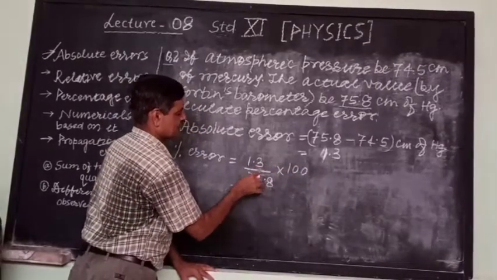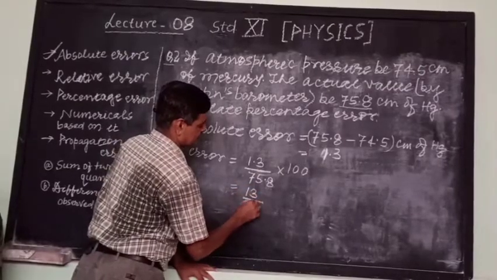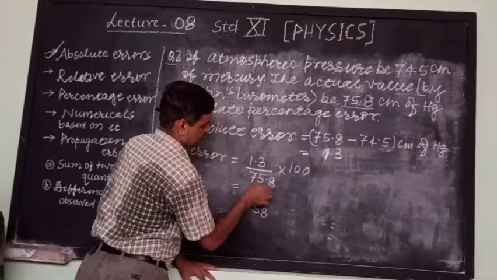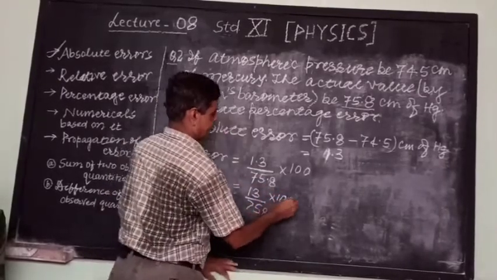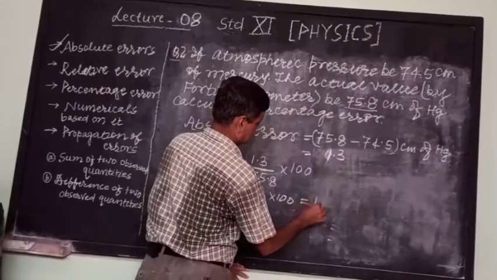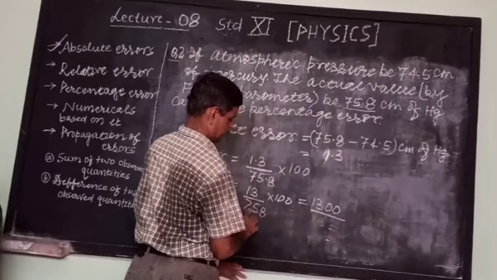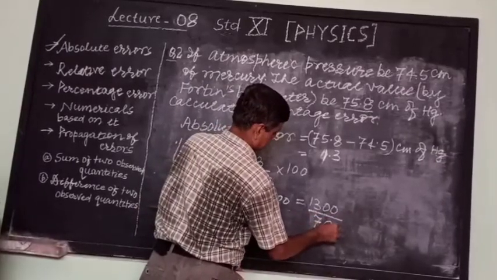So this by this, there is 0.13 by 758, this decimal multiplied by 100, so it will be 1300 by 758.